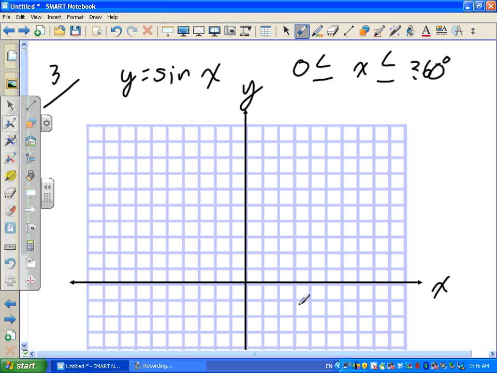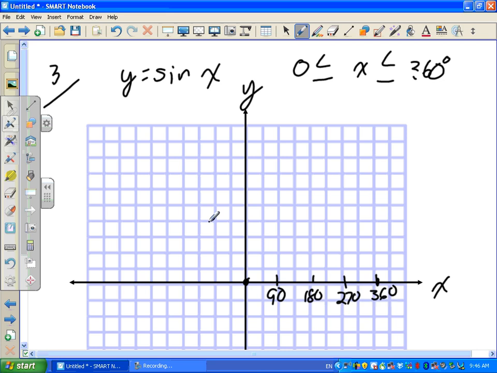That means that the x-axis is written in degrees. So we have 90, 180, 270, and 360. That means we only had to graph from 0 to 360.